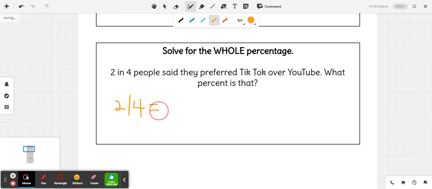When you plug this into your calculator, you should get the decimal 0.5. So if we take that decimal and move it 2 places to the right, add in that placeholder, we come out to have the percentage as 50%.